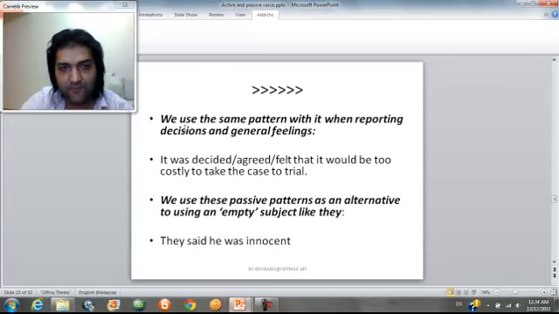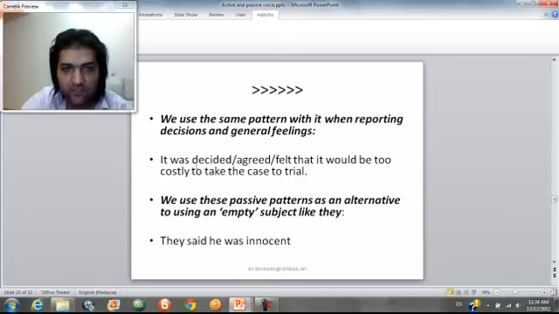Now, here we use the same pattern with it when reporting decisions and general feelings. For example, we go, it was decided, it was agreed, or it was felt that it would be too costly to take the case to trial. So that was our feeling, that was our decision, not to take the case to trial.